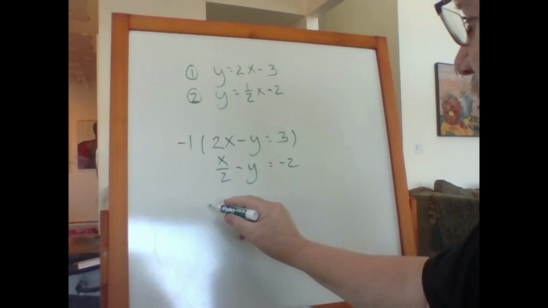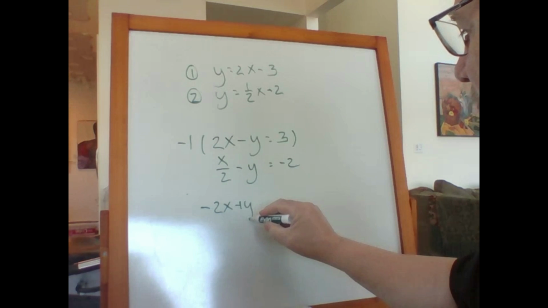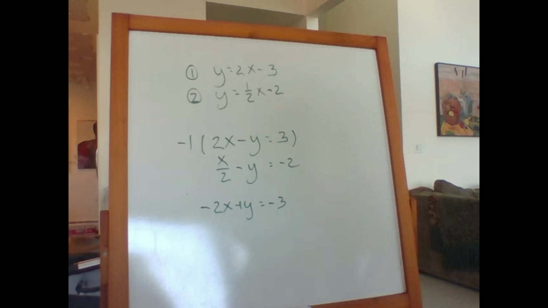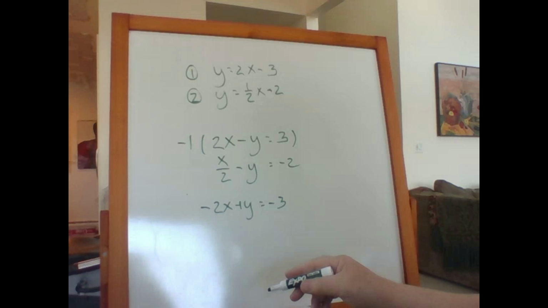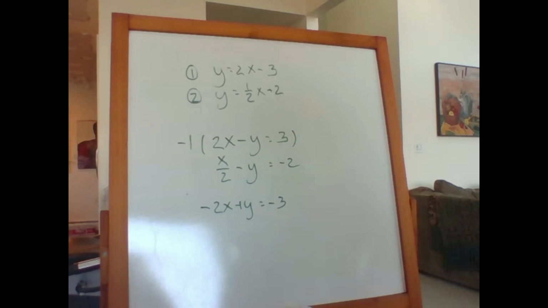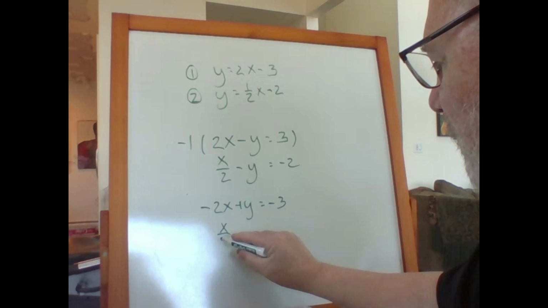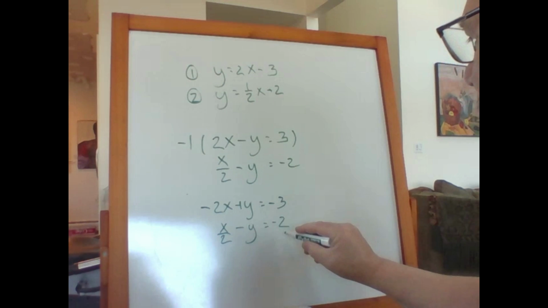So if we did that, we would have minus 2x plus y equals minus 3. And you can see that doesn't change the equation any. It looks different, but it doesn't really change it because we multiplied all the way through by -1. And down here we're left with x over 2 minus y equals minus 2.